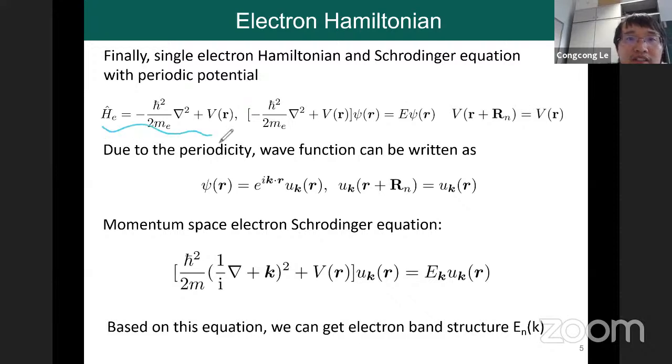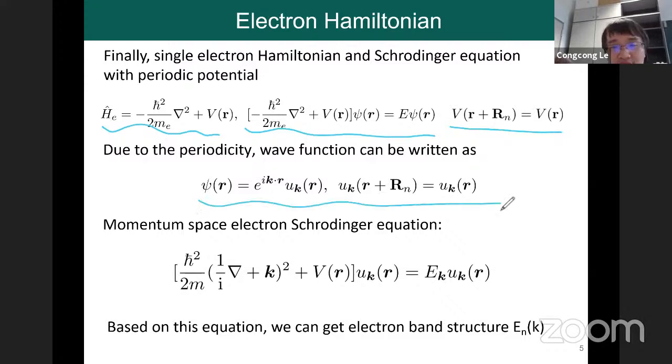This is the single electron Hamiltonian. This is the single electron Schrödinger equation, and this potential is periodic. Then, if we consider the periodicity, the wave function can be written like this one. It has a plane wave form.